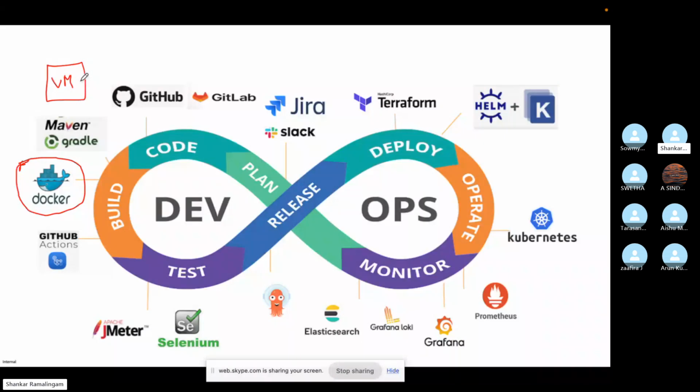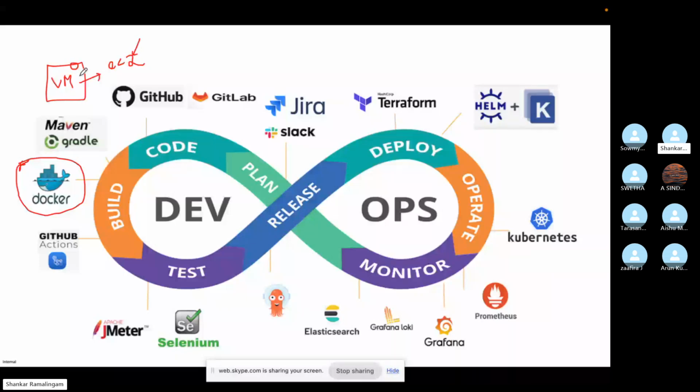But the only thing that it is solving is, for example, if you're deploying a VM, that is nothing but an EC2 instance, right? When you deploy an EC2 instance, over a period of time, you are installing some packages, you are making some configuration changes, right?